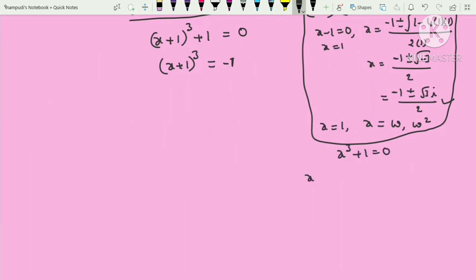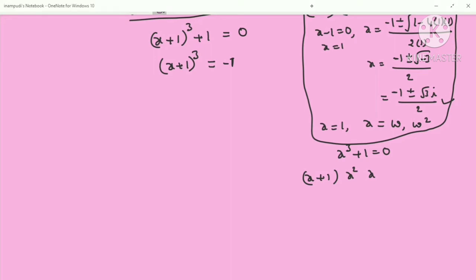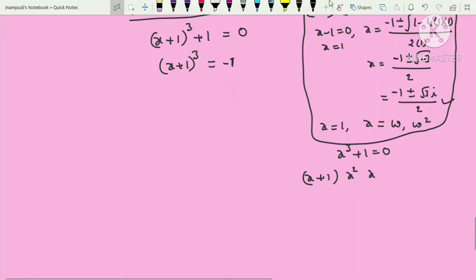This factors as x plus 1 into x square minus x plus 1 equal to 0.